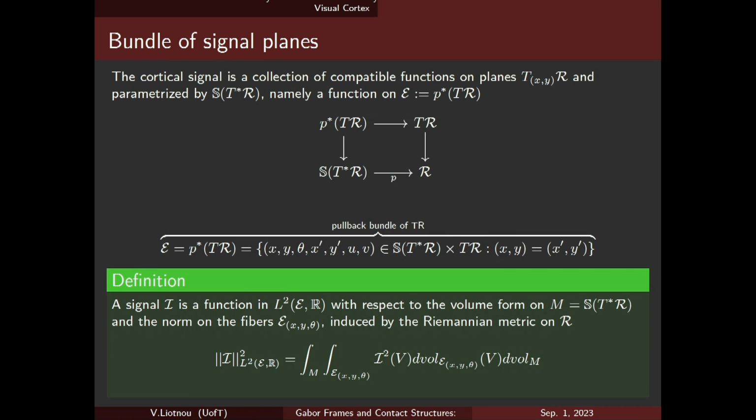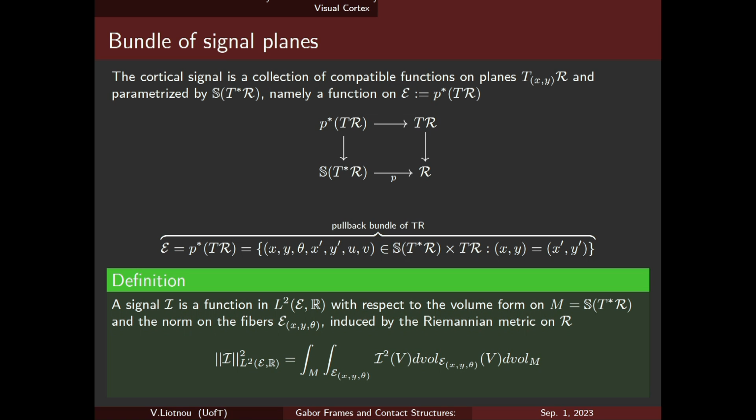So I'll start from the bundle of signal lattices, because we want the domain of the signal to be a consistent family of replicas of the tangent spaces of the retina. But we want the base manifold to be the visual cortex. Then instead of the tangent bundle of the retina, we use the pullback bundle of the tangent bundle of the retina on the unit cotangent bundle, which models the visual cortex.